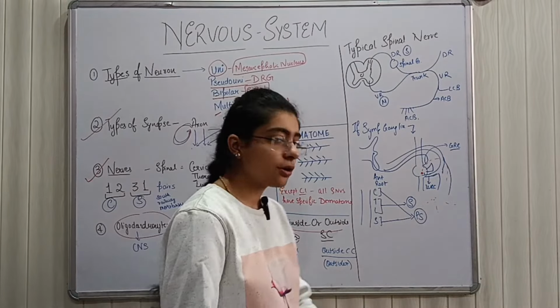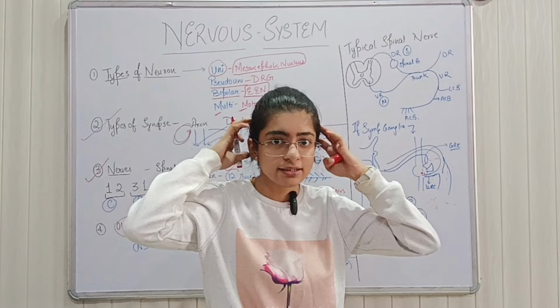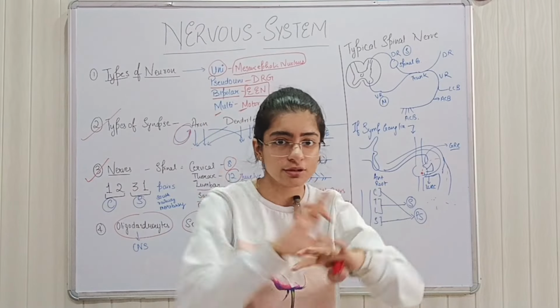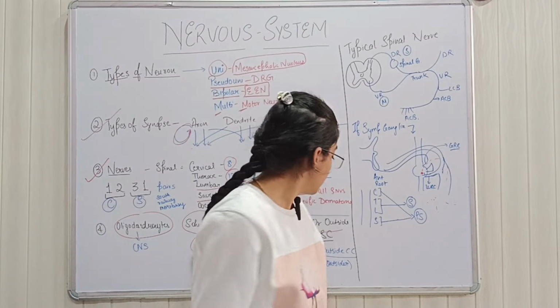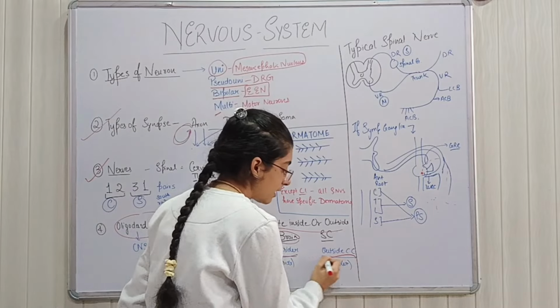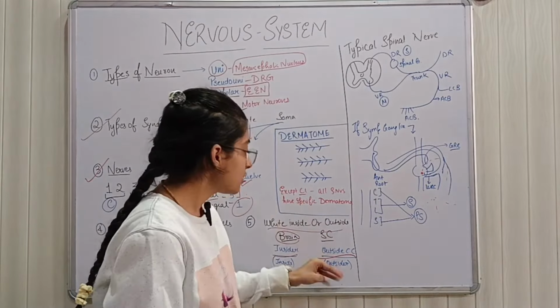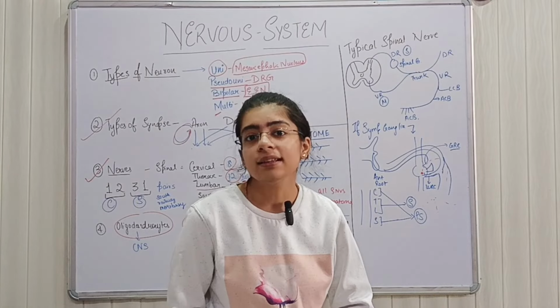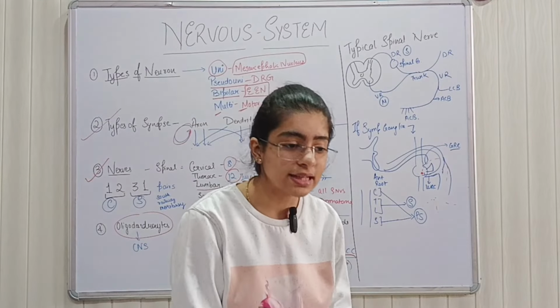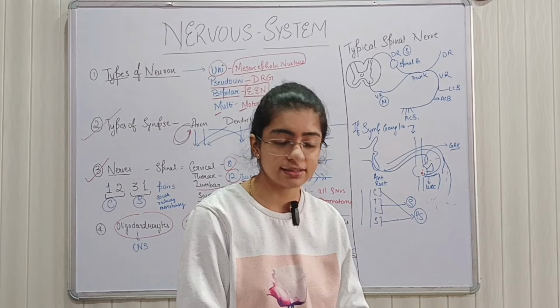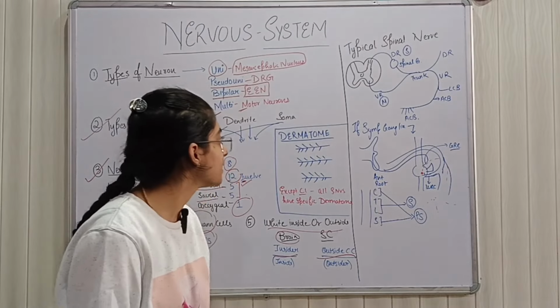And in spinal cord, the spinal cord is outside this box, this cranial cavity. It is not inside the cranial cavity. So I can say the white matter is outside, that is outsider in the spinal cord. I just simply mean that gray matter is inside or outside, or white matter is inside or outside. I hope you understood it.